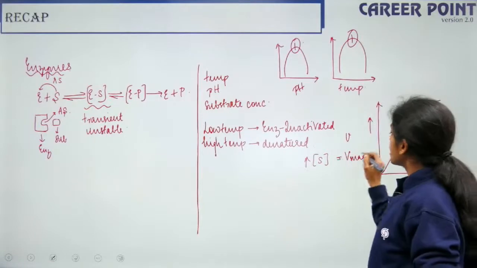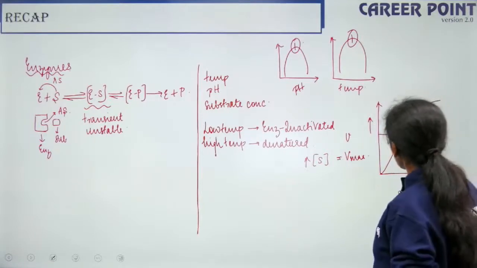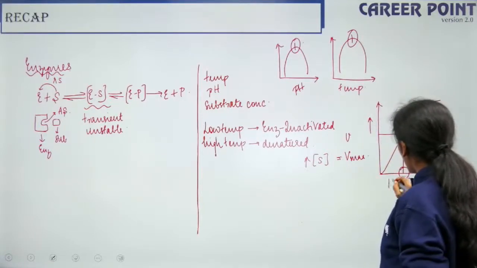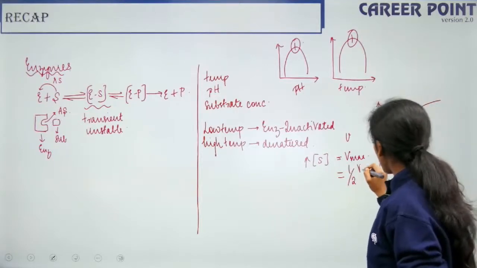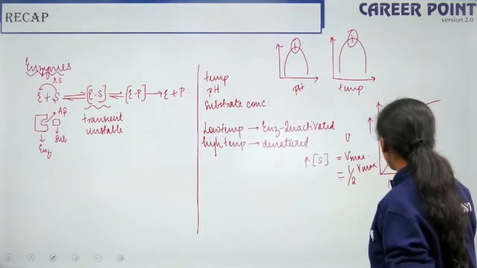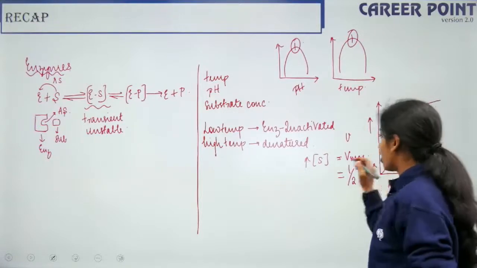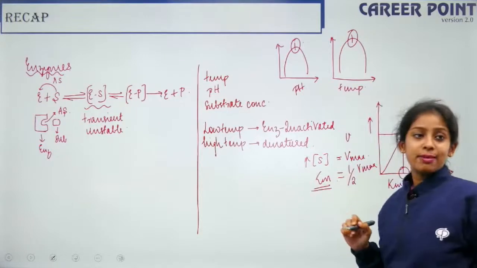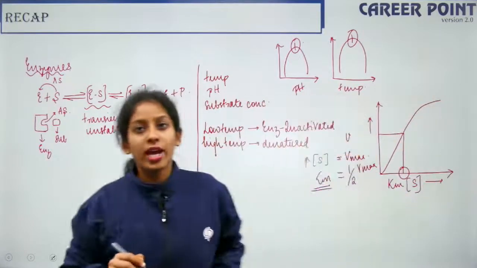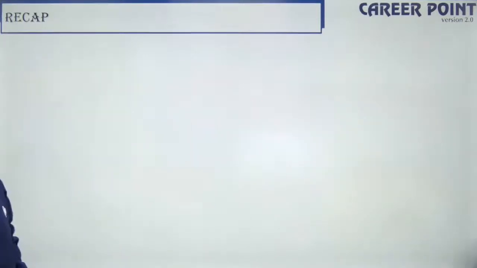But what is the substrate concentration needed to attain half Vmax? Half Vmax is half maximal velocity. That concentration is your Km value, that is Michaelis-Menten's constant. This is where we spoke about the concentration of substrate.